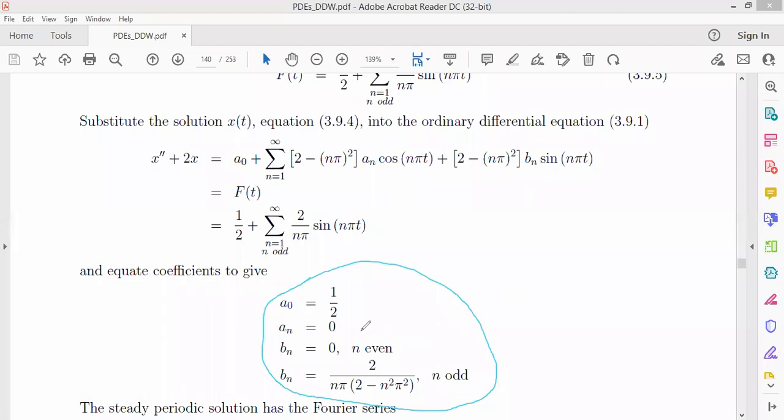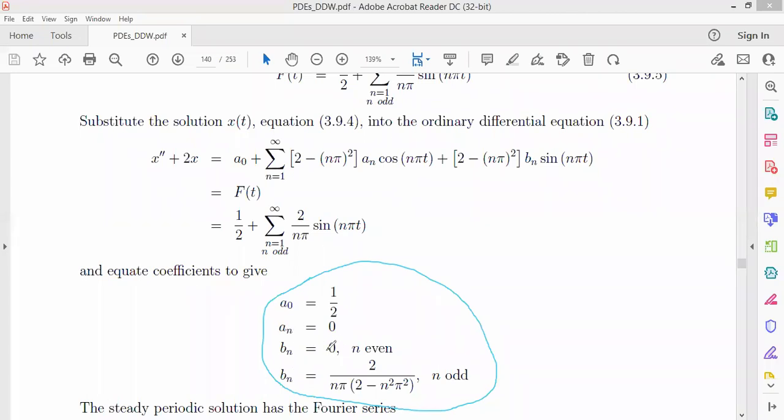If you substitute the whole of this, the n naught is a half, n naught over 2, that will give you the a quarter. The An is 0. That entire Fourier coefficient with its cos n pi t disappears, and then you remain with the Bn.